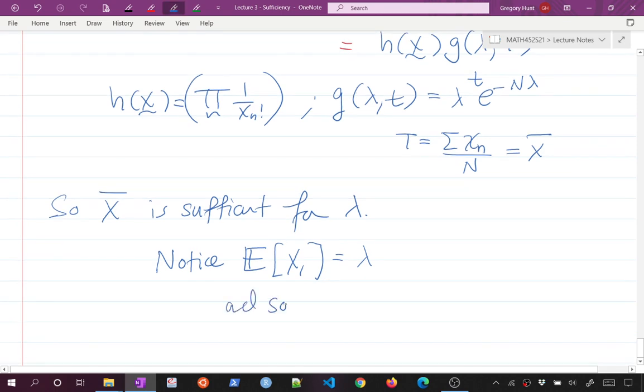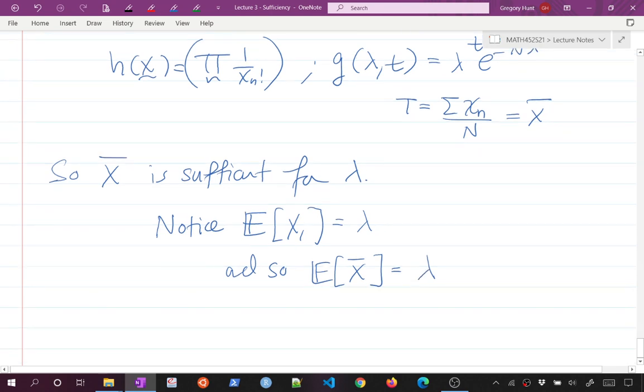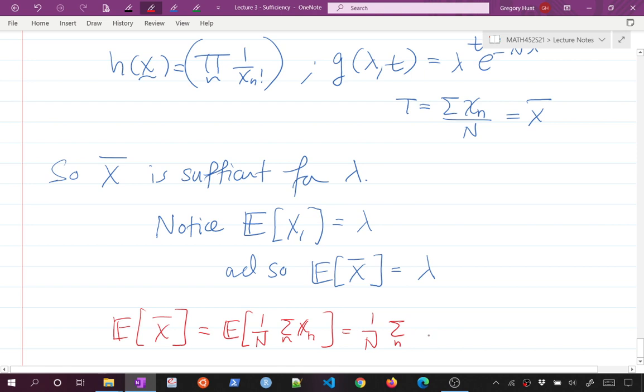And so the mean of x bar is what? Is also going to be lambda, right? And we've probably seen this before, right? So the expected value of x bar is the expected value of 1 over n sum of my xn's. I can pull that 1 over n out. I can push my expectation through the sum.